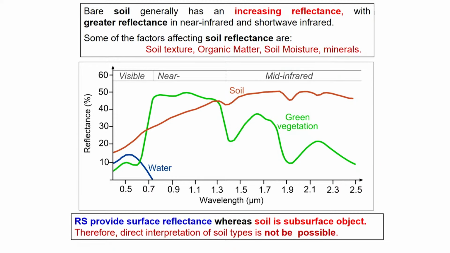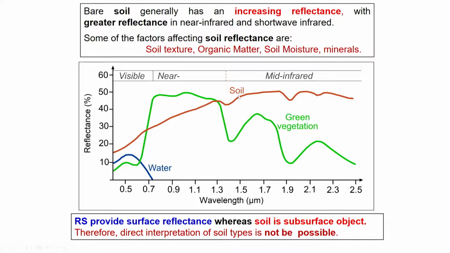In remote sensing, we depend on the spectral characteristics, because in remote sensing we deal with the spectral signature to interpret the object. And in vegetation, we are getting very peculiar spectral characteristics, where you see that in the red wavelength region, it is absorbed, and in near infrared it is reflected.